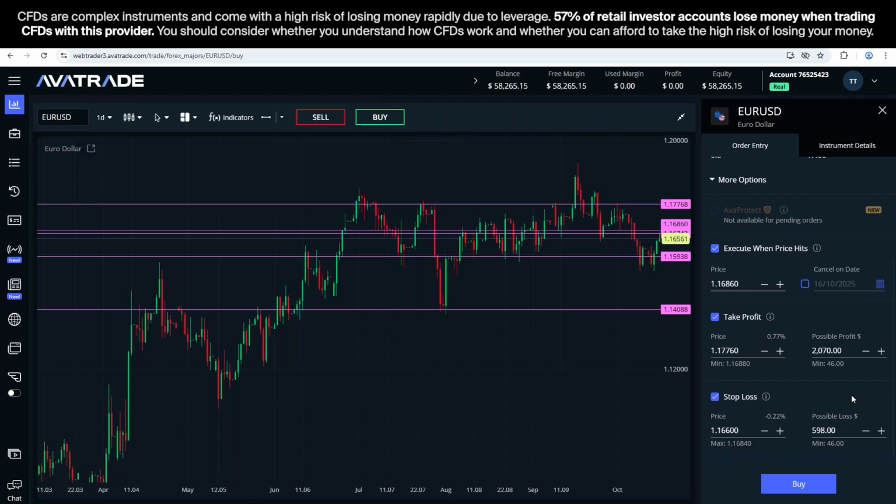You certainly, especially on a longer term move, maybe you would risk a little bit more because it would take longer to get there and you'd want a little bit more profit for a longer term type move, but that's up to you. So I'm looking here, I'm risking about 600, just a hair under. So just right around 1% of my balance, a little higher, to try and make over 2,000. Okay, going after 3-4 times the amount of my risk.